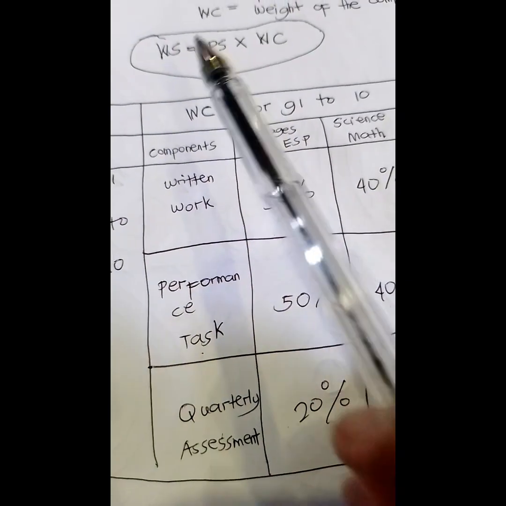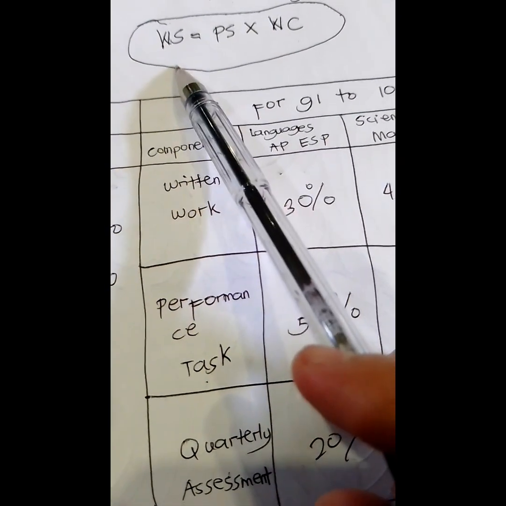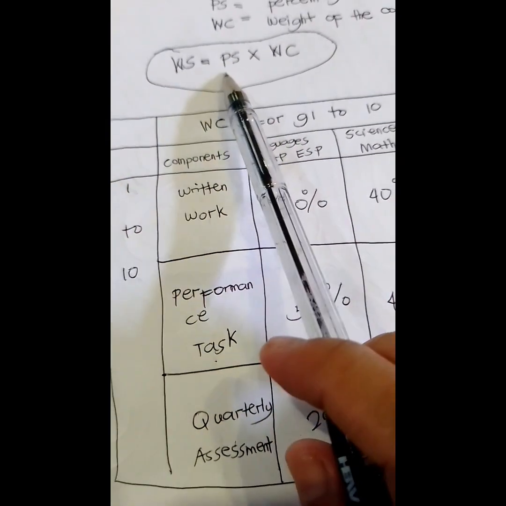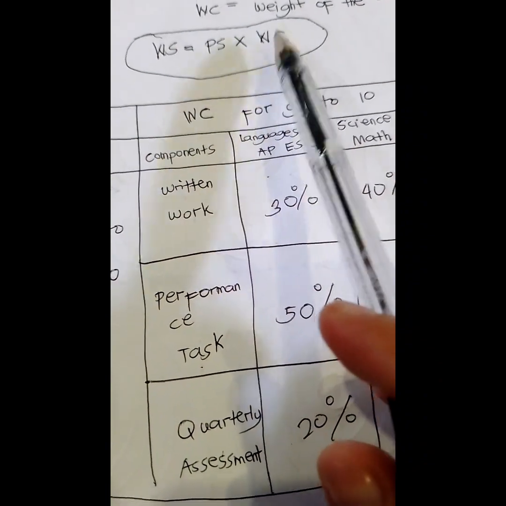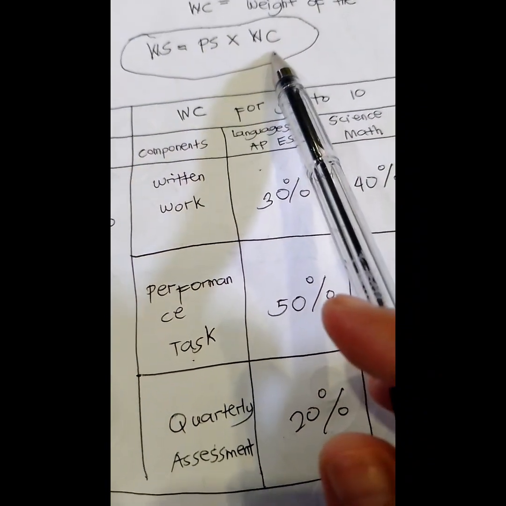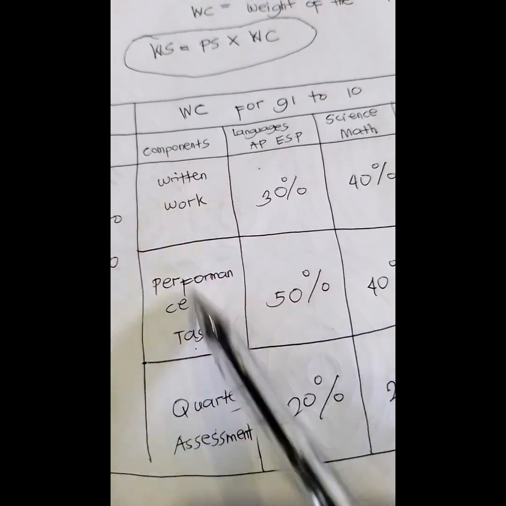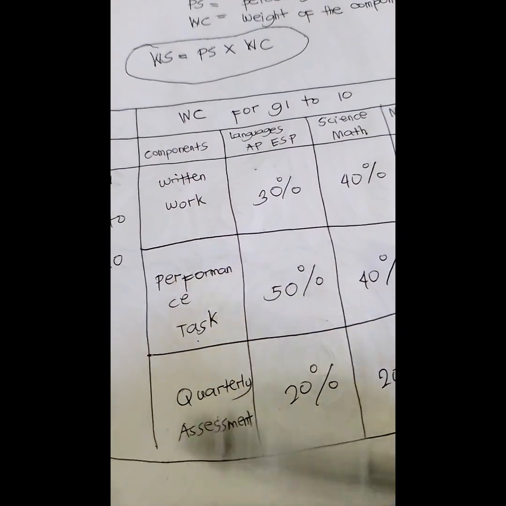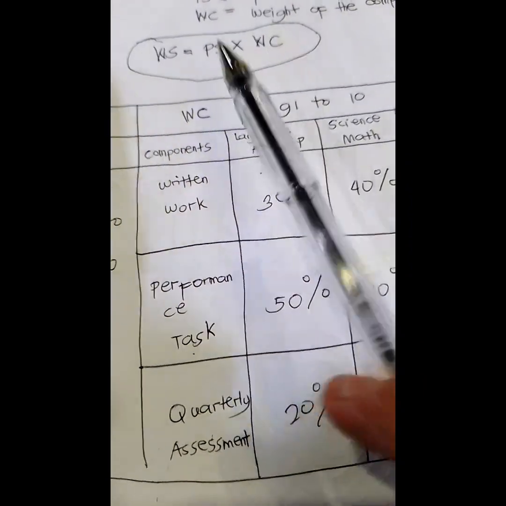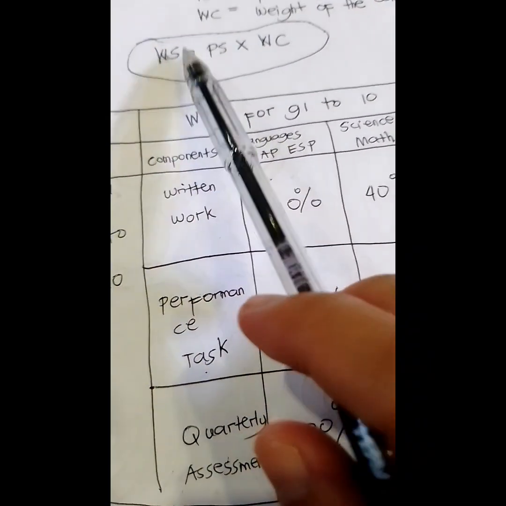So, to get the weighted score, we also need to get the weight of the components. Let us get the weighted score of written work.